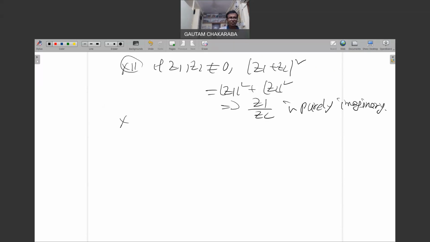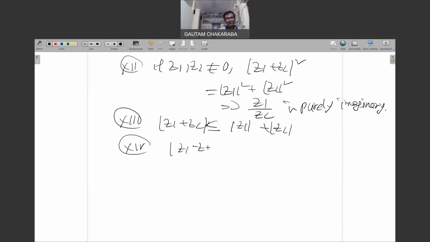Now triangle inequalities. Modulus of Z1 plus Z2 is less than or equal to modulus of Z1 plus modulus of Z2. Now next, modulus of Z1 minus Z2 is less than or equal to modulus Z1 plus modulus Z2.